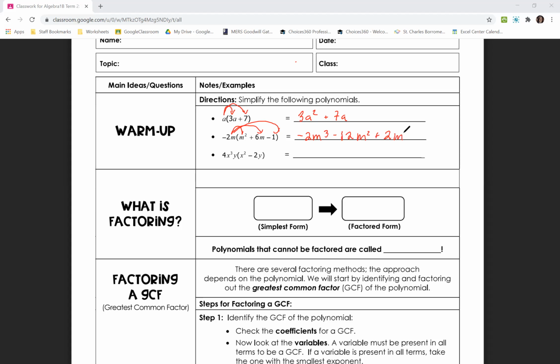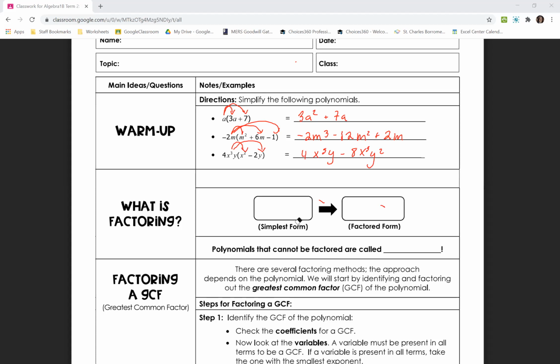Once again, I went from my factored form to my simplified form. That's what we've been used to. Again, we can do it with lots of different variables too. 4x cubed y times x squared is 4x to the fifth y minus 8x cubed y squared. So we can go from this factored form to the simplified form.